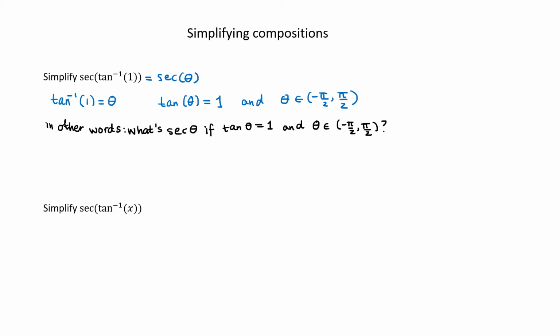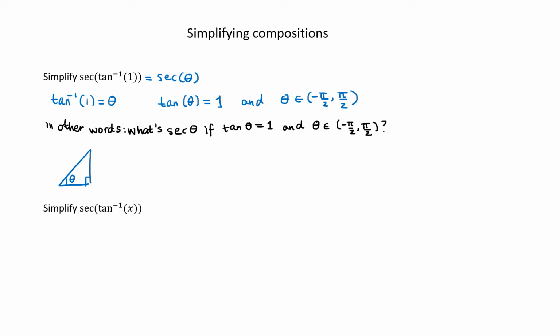One approach that can be really helpful for working this out is to build what's called a reference triangle for this angle theta. So we're going to build a right triangle where one of the angles is theta. Now, if we look at this triangle, tangent of theta needs to be equal to 1.